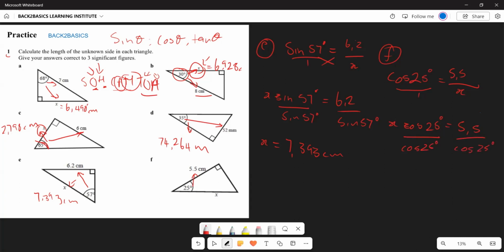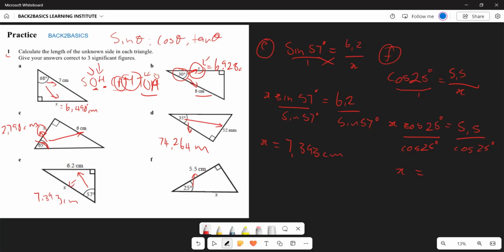So from here, your value of x is going to be the same as 5.5 divided by cos of 25 degrees. And what is going to be the value of that?